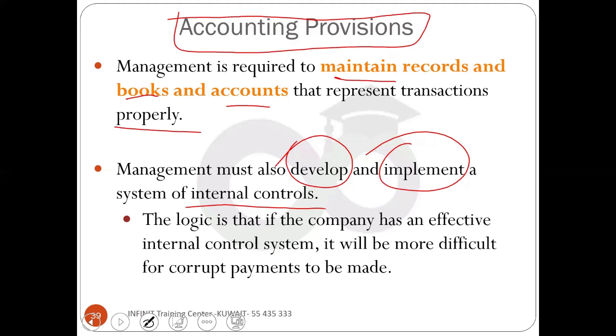Once the PO is made, you will get an invoice from the supplier, and this invoice may be attached with a delivery note. The delivery note should be signed by the person who is receiving the products.